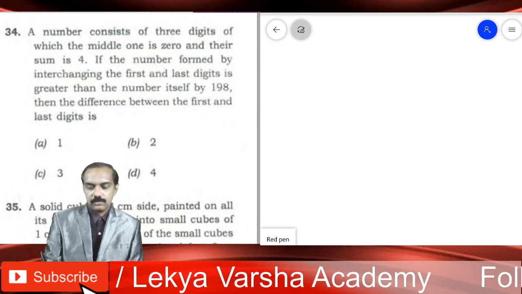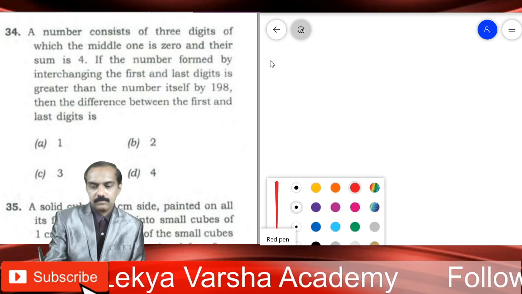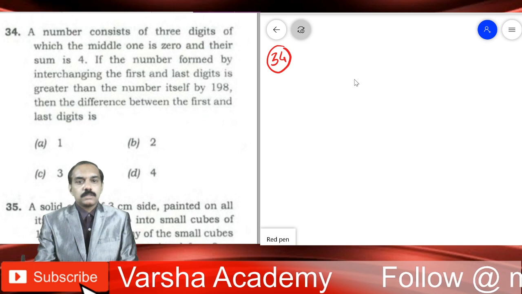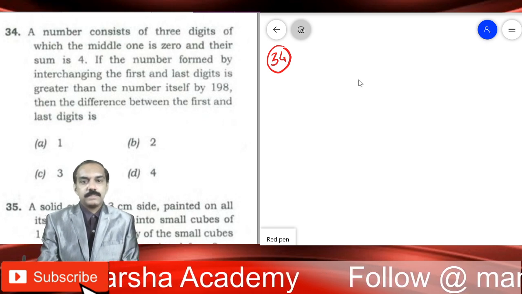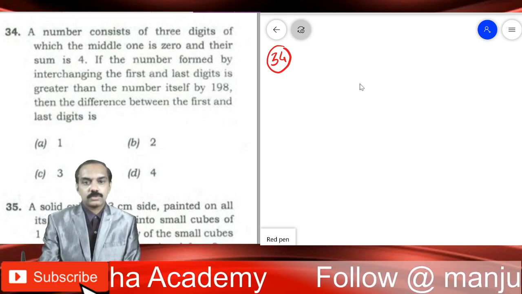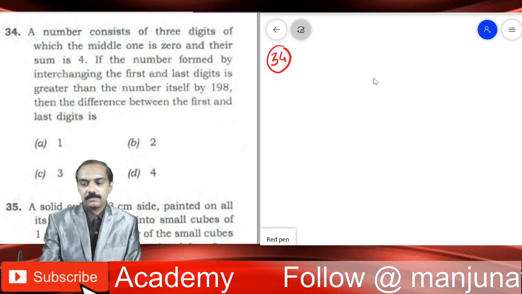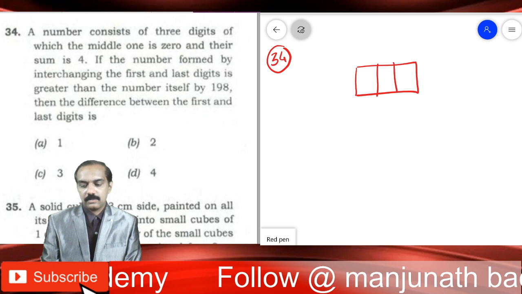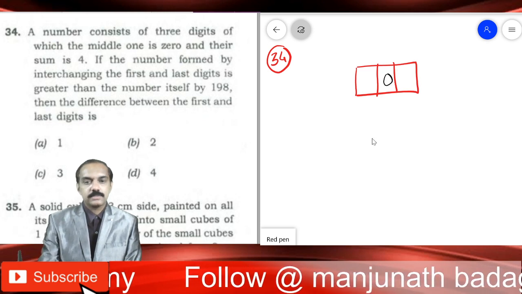So problem number 34. A number consists of three digits. It is a three-digit number and the centralmost digit is 0.